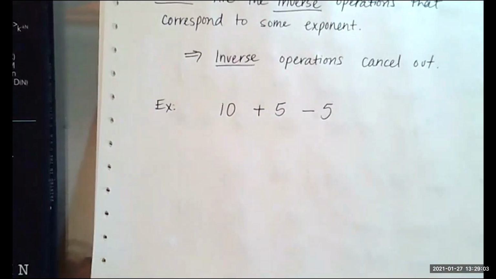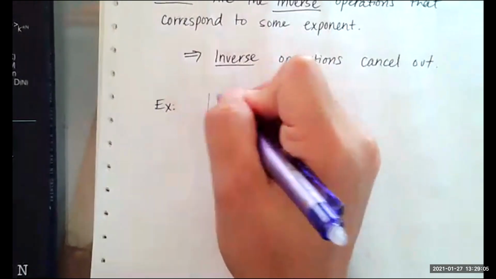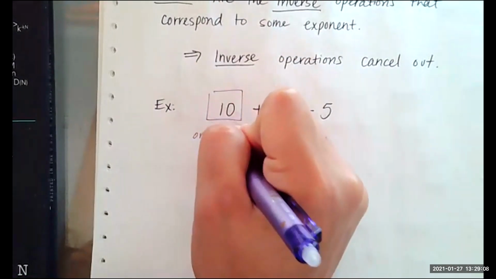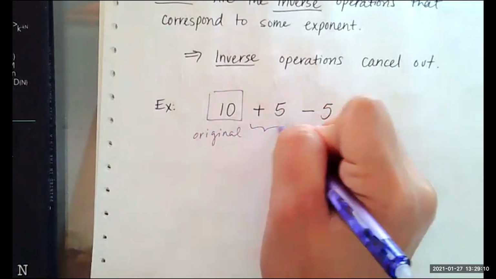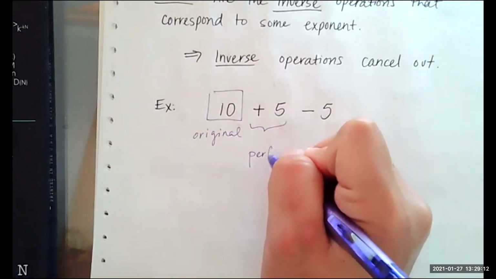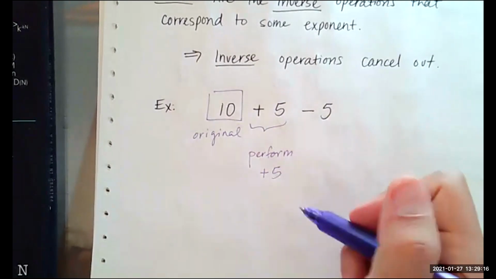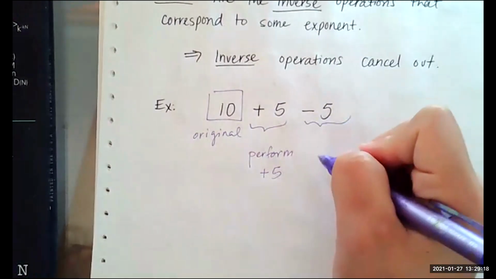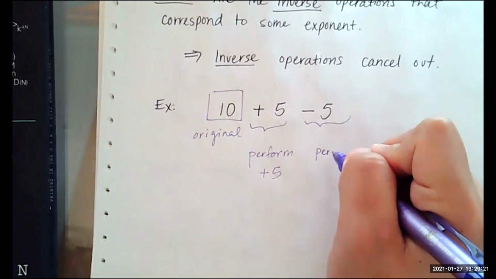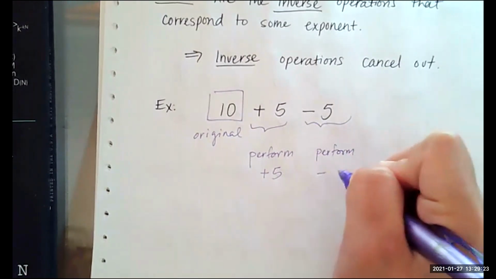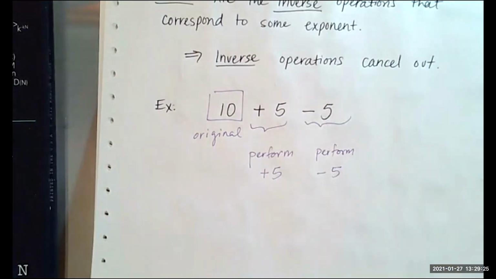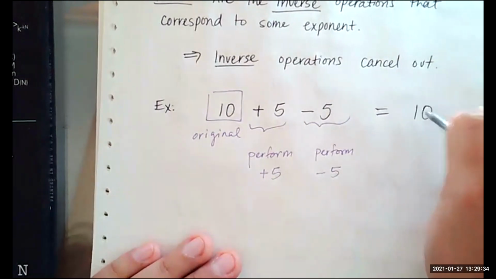These operations I've performed on my original quantity, plus 5 and then subtract 5, cancel out in some sense, because I'll be left with my original amount of money.